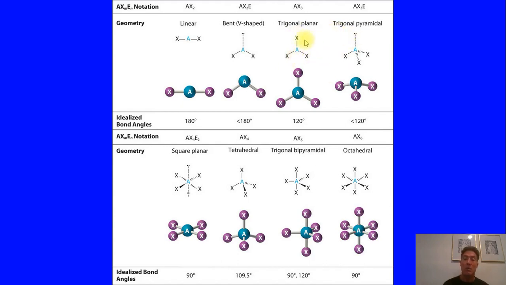But here we have to start with a tetrahedron, and if you replace one of these with a lone pair, then you would wipe out part of the tetrahedron and be left with a trigonal pyramidal, or a squashed pyramid. The same thing happens when you start with these other geometries and you begin to replace them with lone pairs.